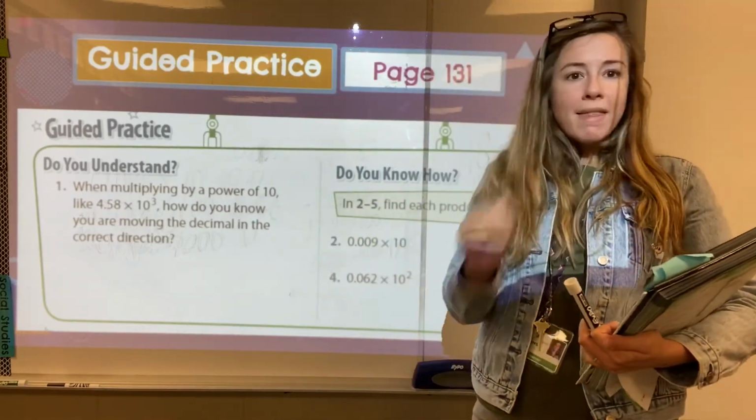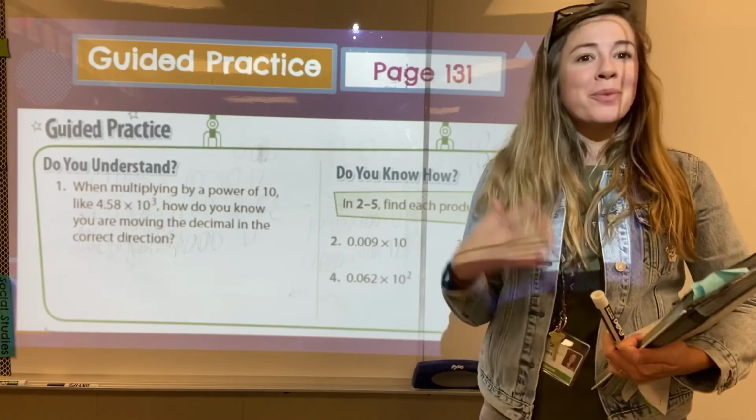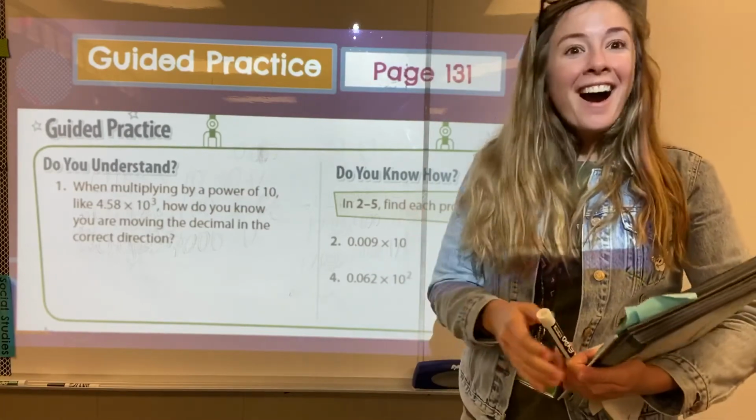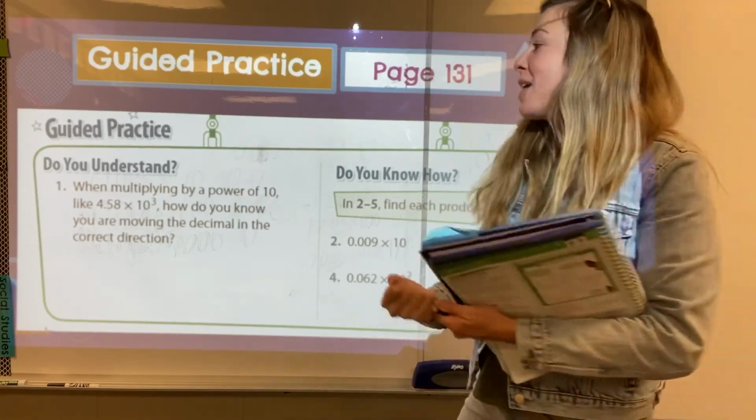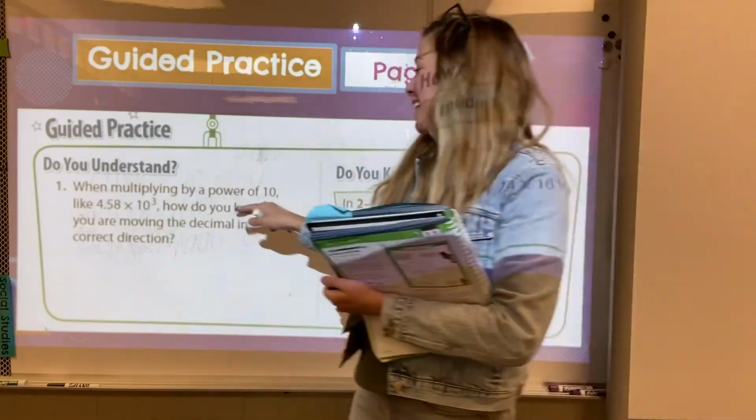I just read the answer to us, so we'll go ahead and build that in. Okay. When multiplying by a power of 10, like that, how do you know?